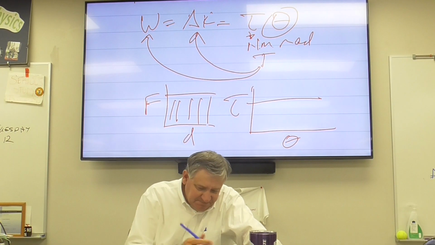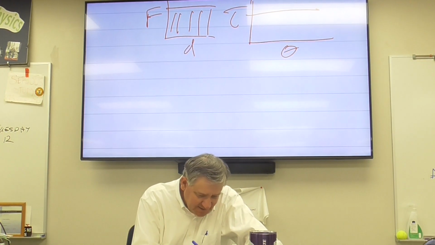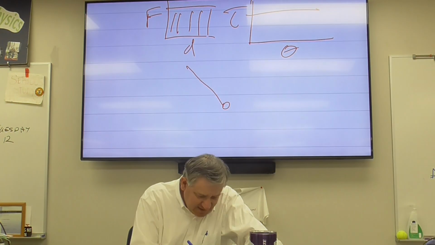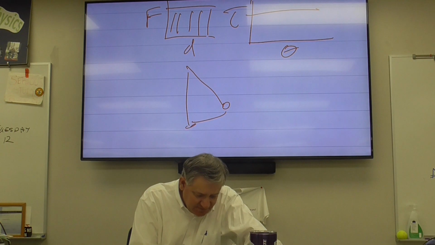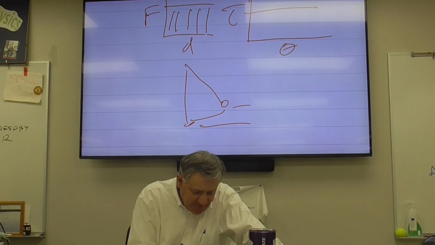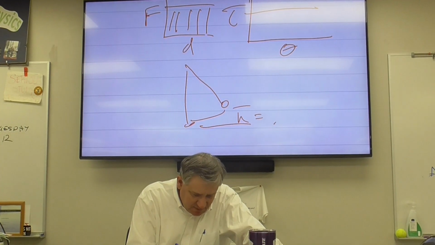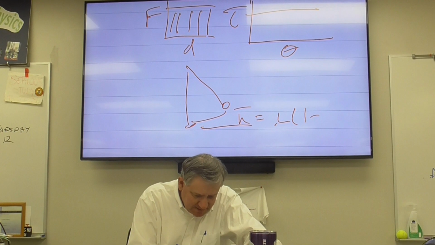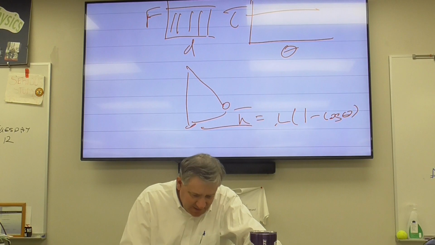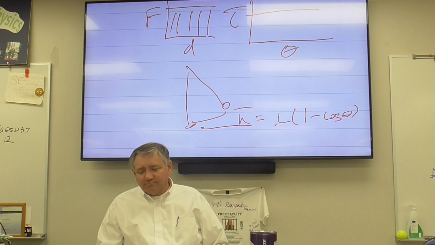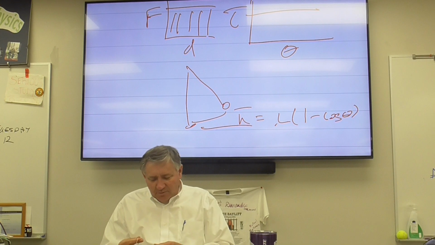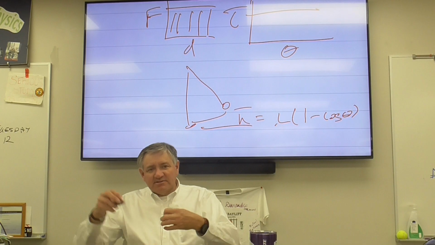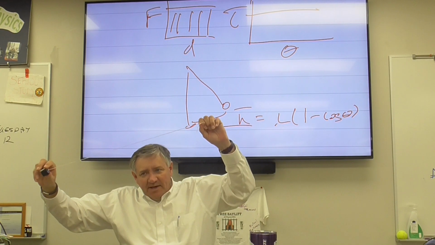I gave you this helpful equation, and you all have dealt with this before: as this thing swings down, that value of h is going to equal L times 1 minus cosine theta. Okay? So let me give you this visual. It's already moving.